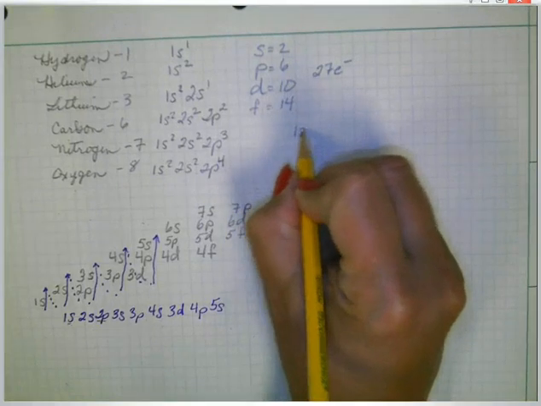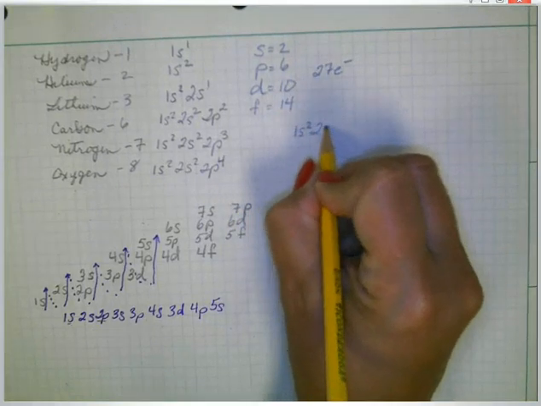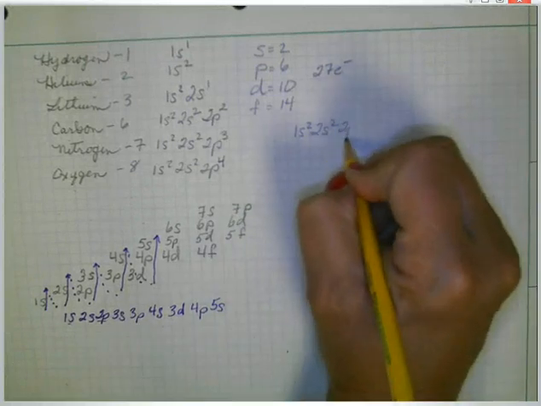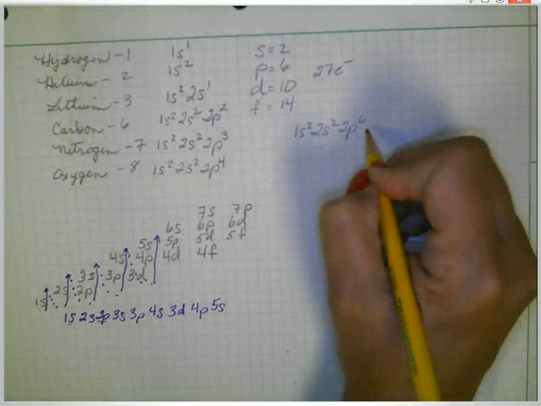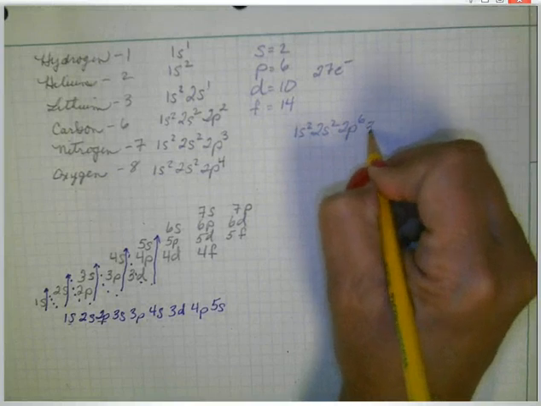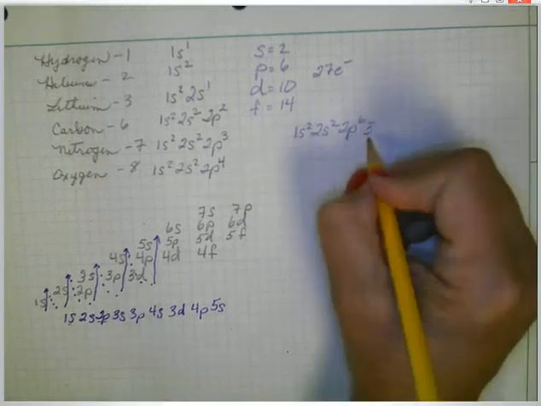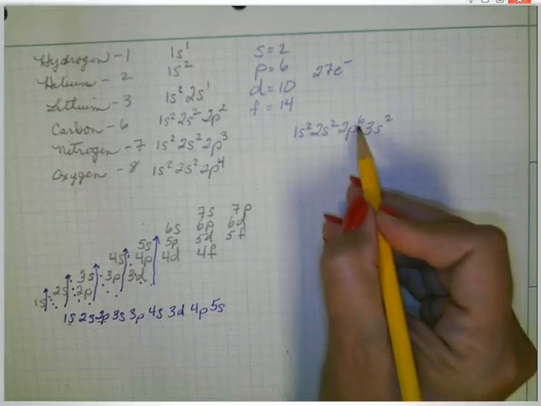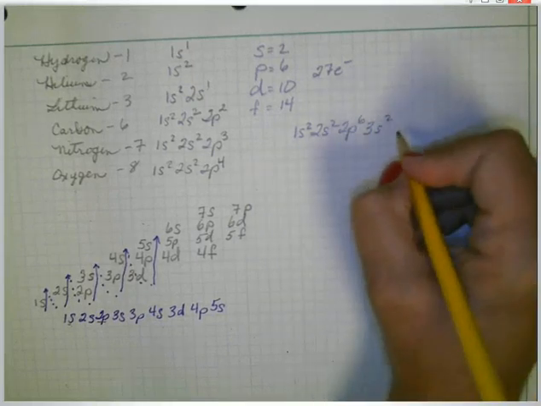I just start with my 1s2, go on to 2s2, still following this ordering. Next is 2p, and I'll put 6 there, and then I go on to the 3rd energy level and start with 3s2, and so here I've used 10, that's 12, I got a good ways to go yet.